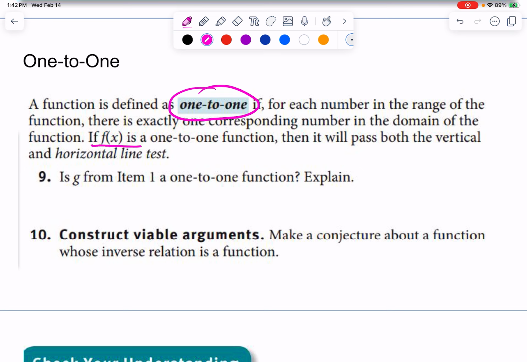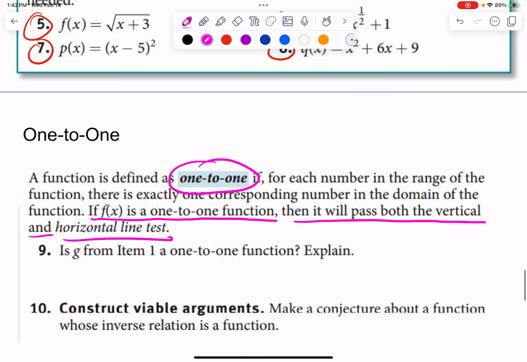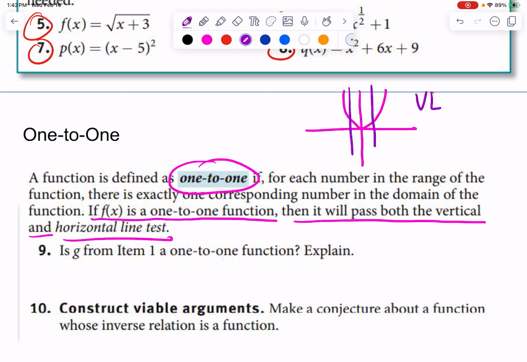So it says if f of x is a one-to-one function, then it passes both the vertical and the horizontal line test. Let me show you what that means. If we are looking at this parabola from that example above, it passes the vertical line test because it passes through. So vertical line test, good. Horizontal line test deals with this.